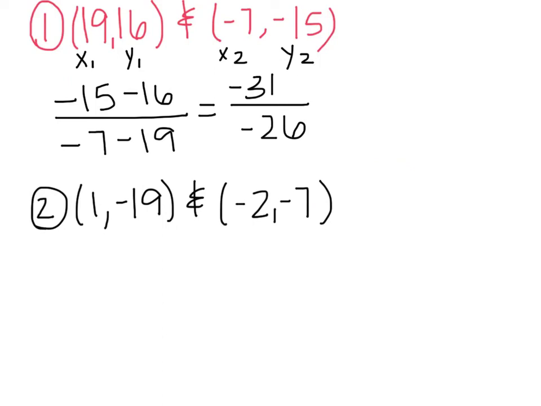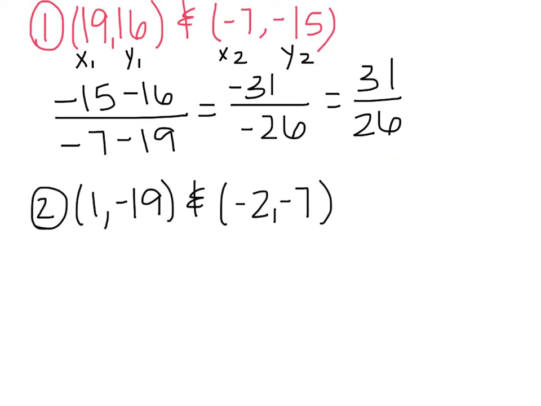Now we want to see, can this be simplified? And it cannot. So we can either keep it as negative 31 over negative 26, but a negative over a negative is going to give us a positive. So 31 over 26 is going to be our slope.